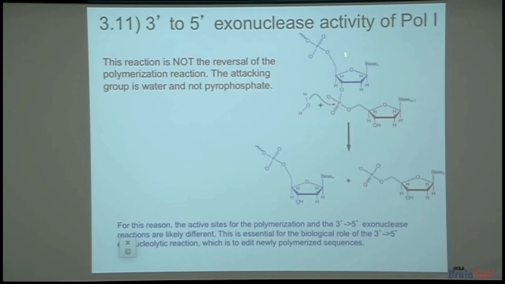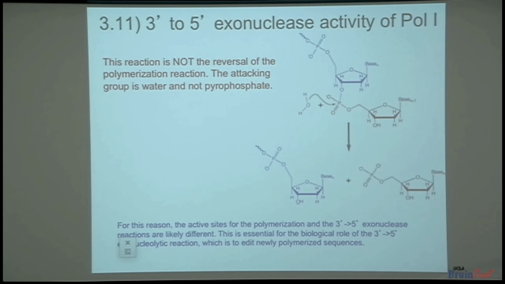So this is not just the reversal of the polymerization reaction, so that tells us that it's probably not occurring at the same active site, because usually an active site can only catalyze one reaction. That's why enzymes are such amazing things. They're able to selectively react with a certain set of substrates to the exclusion of others. So the fact that this is not the reversal of the polymerization reaction says that it almost certainly occurs at a different active site, and in fact, that's true.